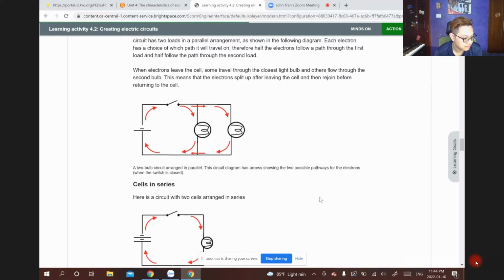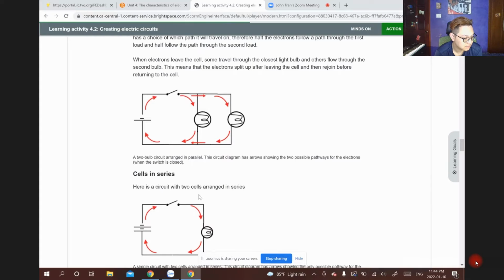Cells in series. Here's a circuit with two cells arranged in series.